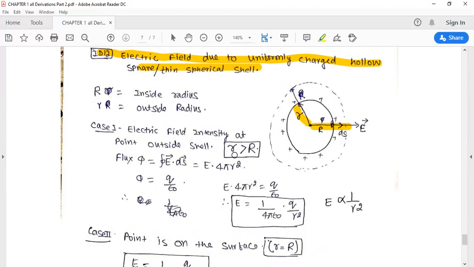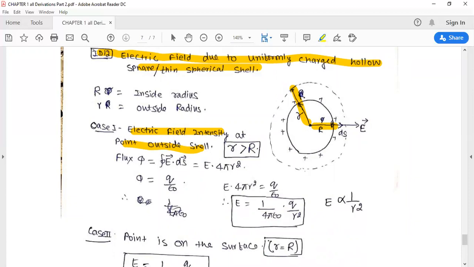Consider this: this is my small r from this point to this point, and this is capital R. So small r greater than R means electric field intensity at a point outside the shell. You have to find out electric field intensity outside the surface, on the surface, and inside the surface.